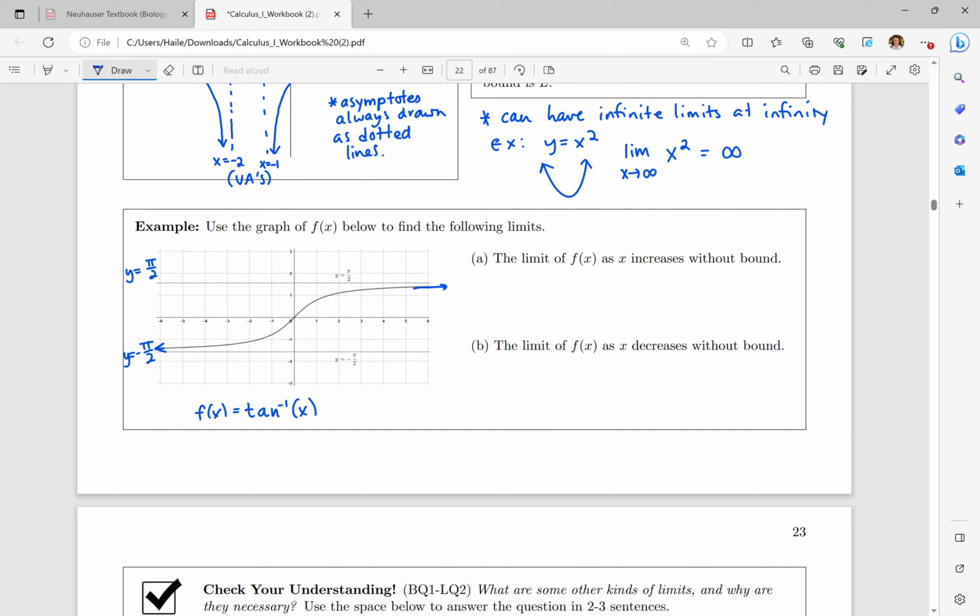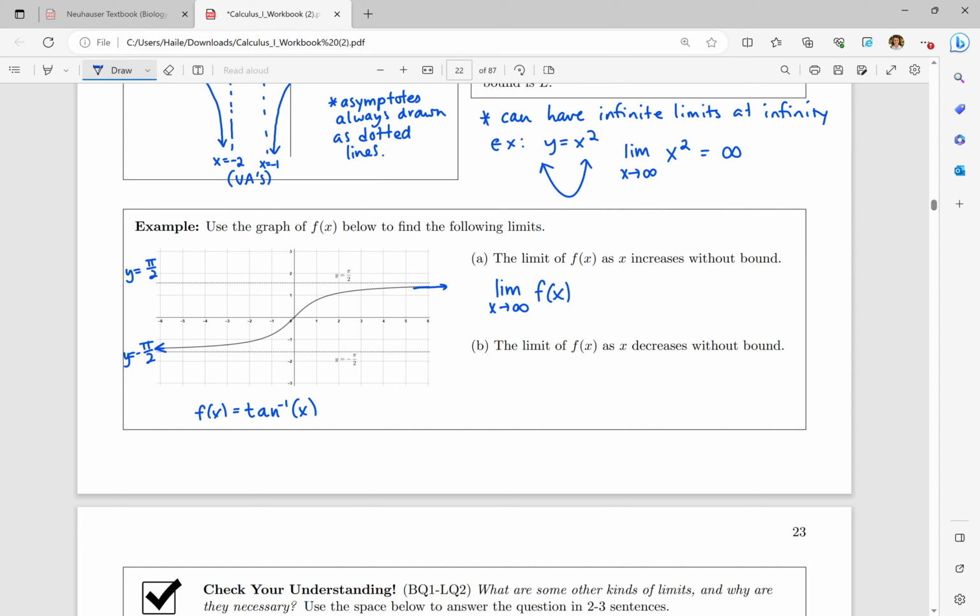Okay, so the first one we want to look at is the limit of f of x as x increases without bound. So first of all, let's translate that into symbols. So we have the limit of f of x as x increases without bound.